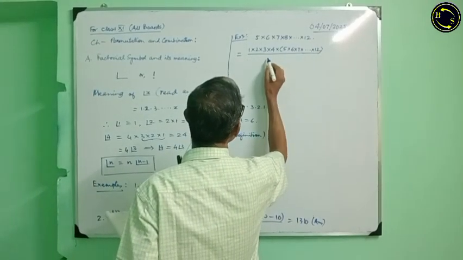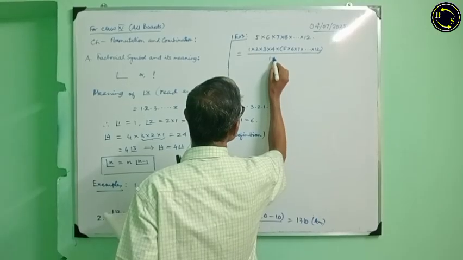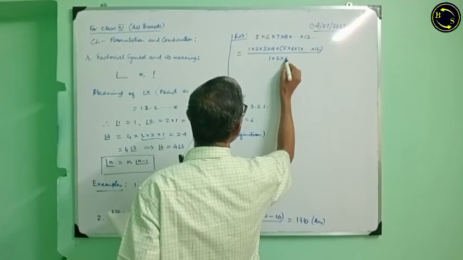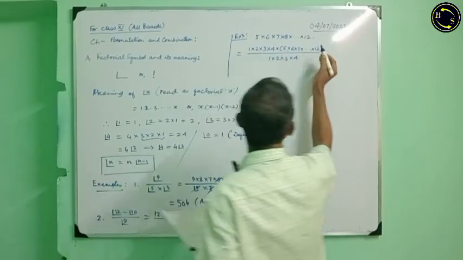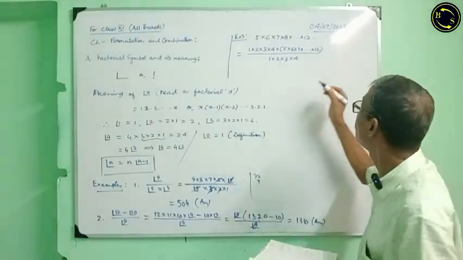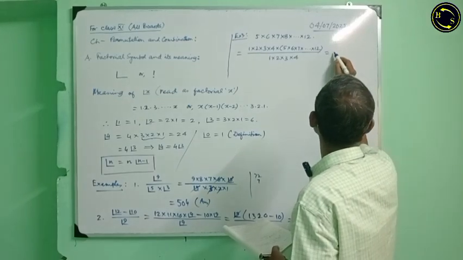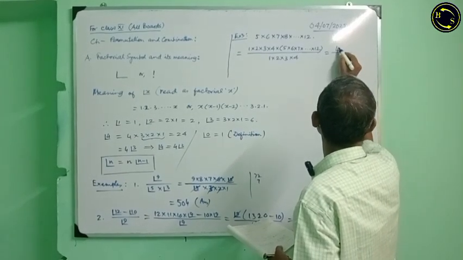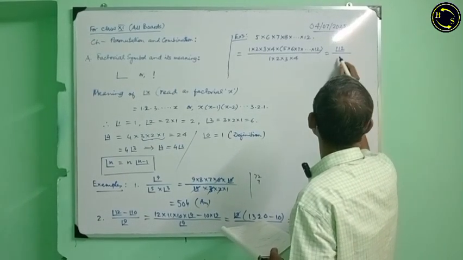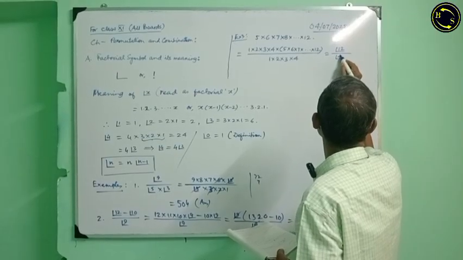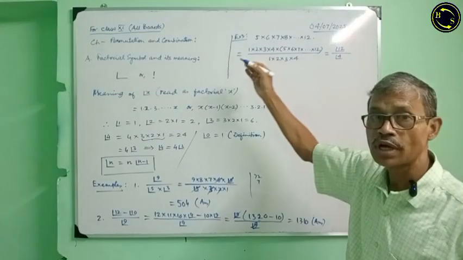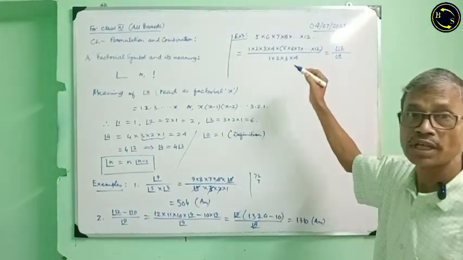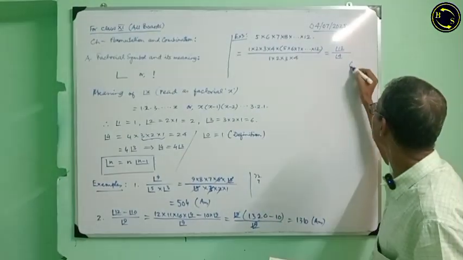Then we have to divide it by this product. Now this is nothing but factorial 12, and this is factorial 4. Therefore I have expressed the given product in terms of factorial symbols. This is the answer.